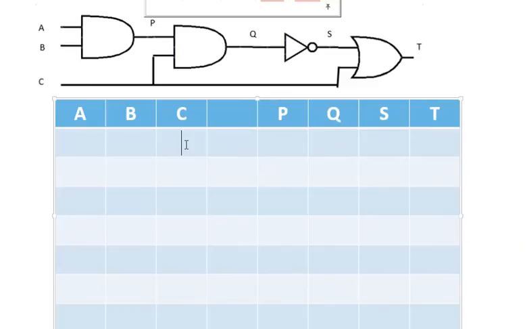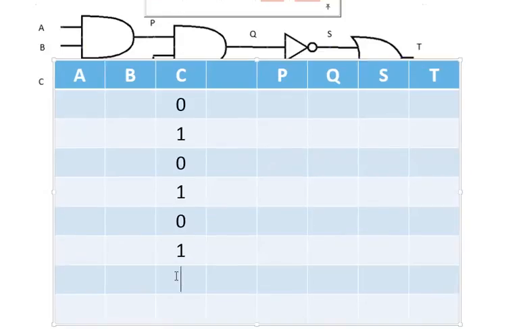We begin by filling in our truth table. Remember, start at the last input that you got, which in this case is going to be C. The pattern goes 0, 1, 0, 1, 0, 1, 0, 1.